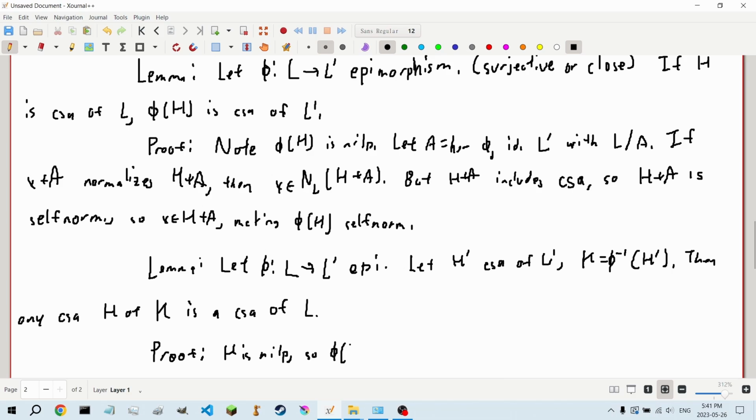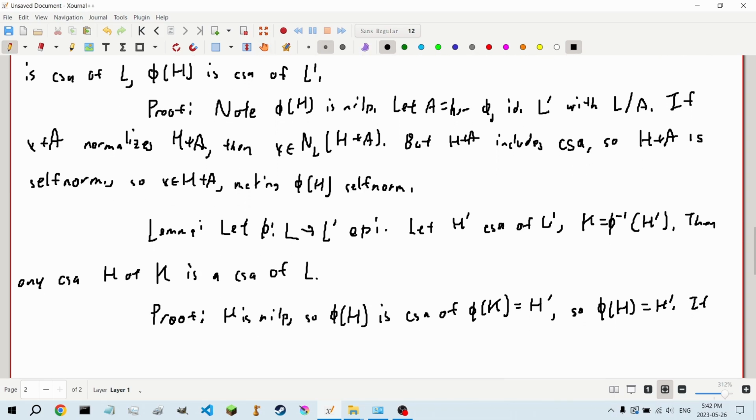So by the previous result, phi of H is a Cartan subalgebra of phi of K, which is definitionally equal to H prime. So because the Cartan subalgebras are minimal engel, phi of H itself must be H prime.